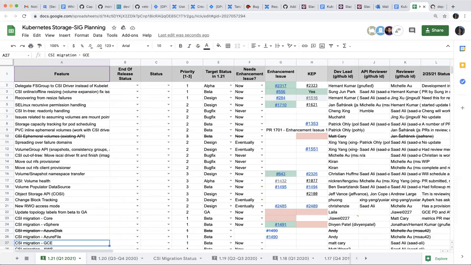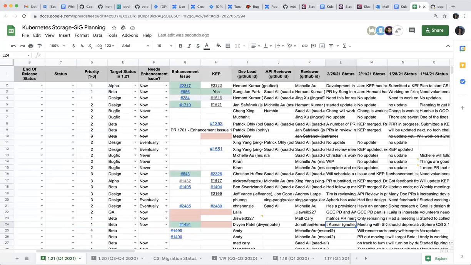Next one is CSM migration vSphere. I don't know if Devian is here. I think we had a meeting with the SIG architecture, and we actually got an exception from them. We can actually deprecate. So Devian has a PR out that added some deprecation notices. Does anyone still have any concerns on that, or is that good to be merged?